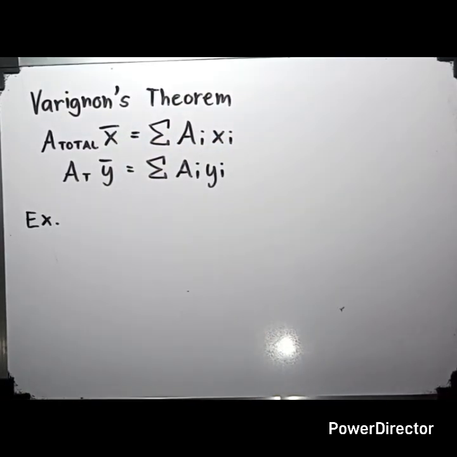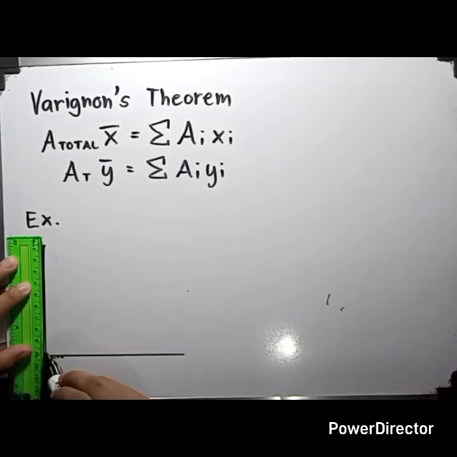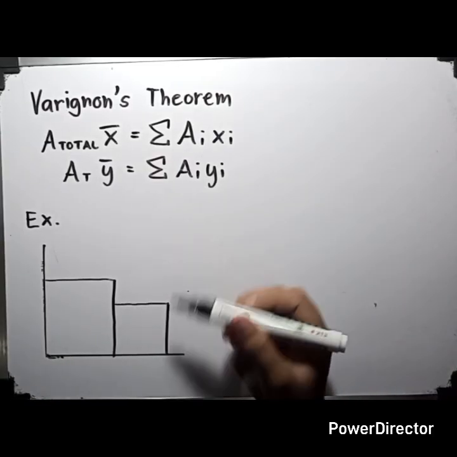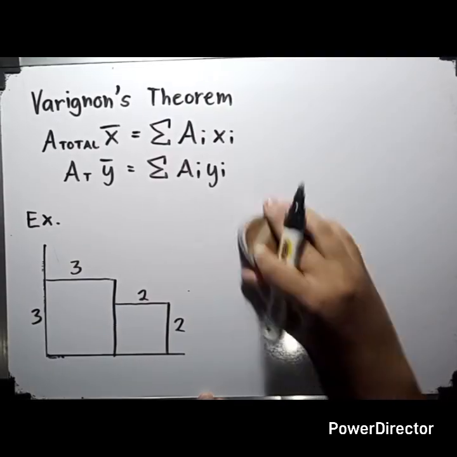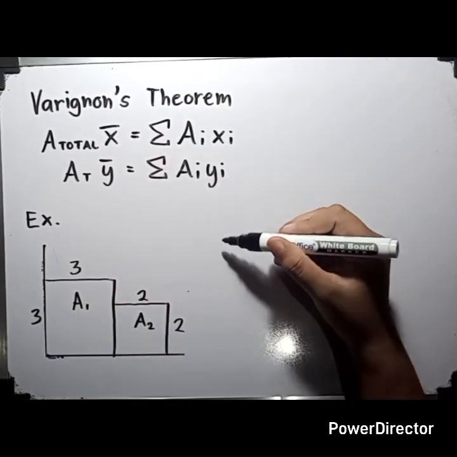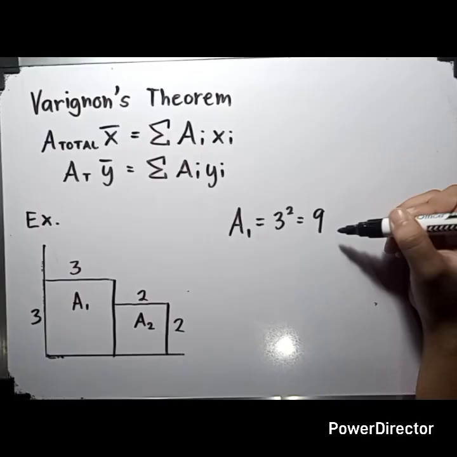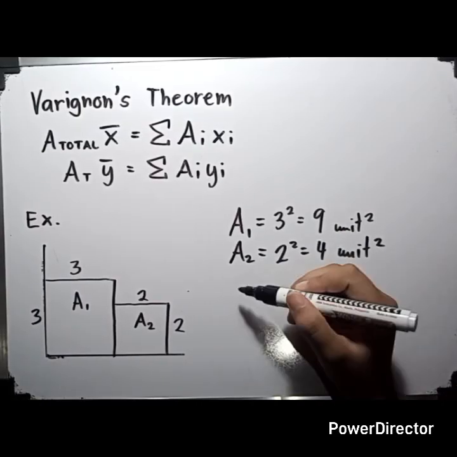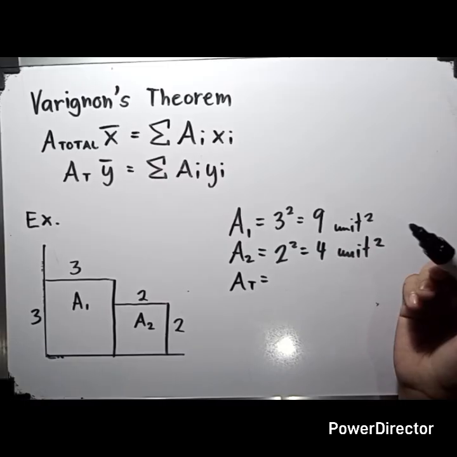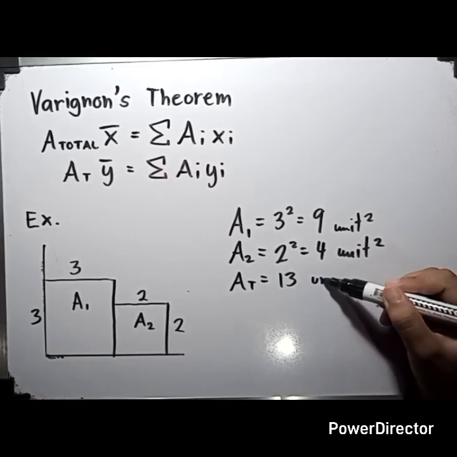For example, first, let's find the area of its components. Let's add up all area components and we have a total area of 13 square units.